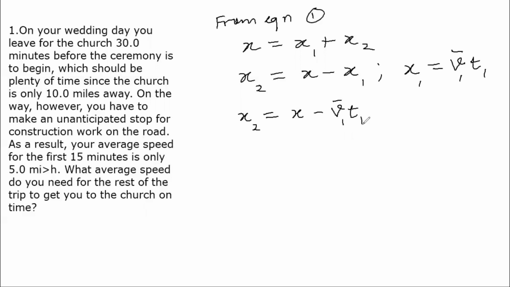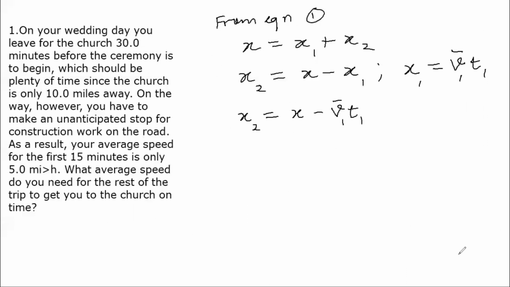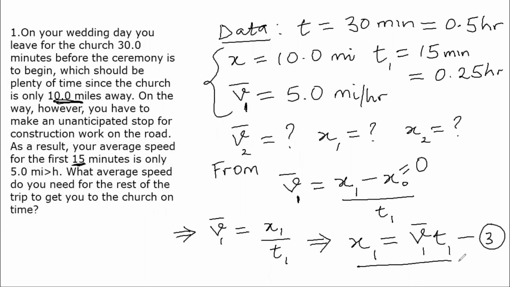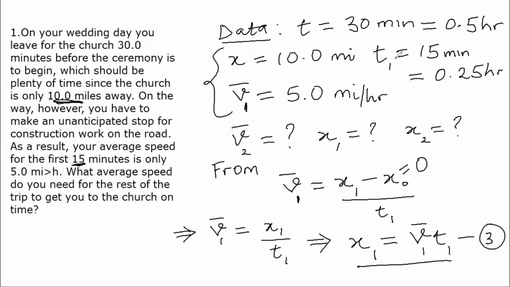Now let me try to inspect. If you look at x2, I think I already know my x. The x, remember, is 10 miles. And I know my v1, which is 5 miles per hour. And I also know my t1, which is 0.25 hours.